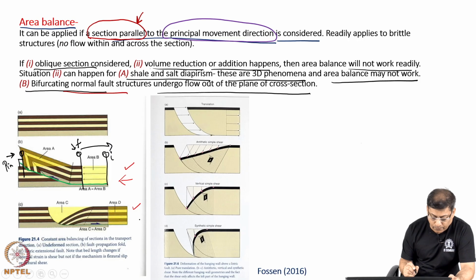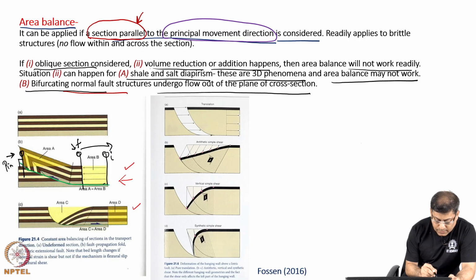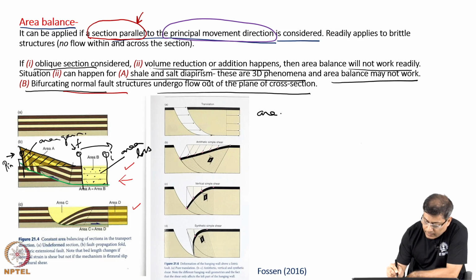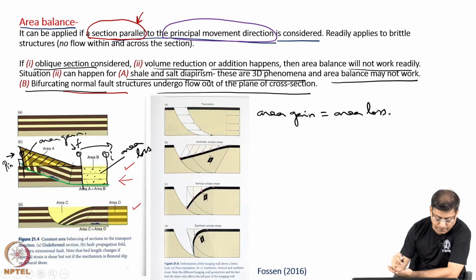Now, initiating the process, I can draw this line and one can calculate the area of this triangle. This area has to be equal to the area that has been lost over here. This area is the area gain due to deformation and here is the area loss. The area gain has to be equal to the area loss.